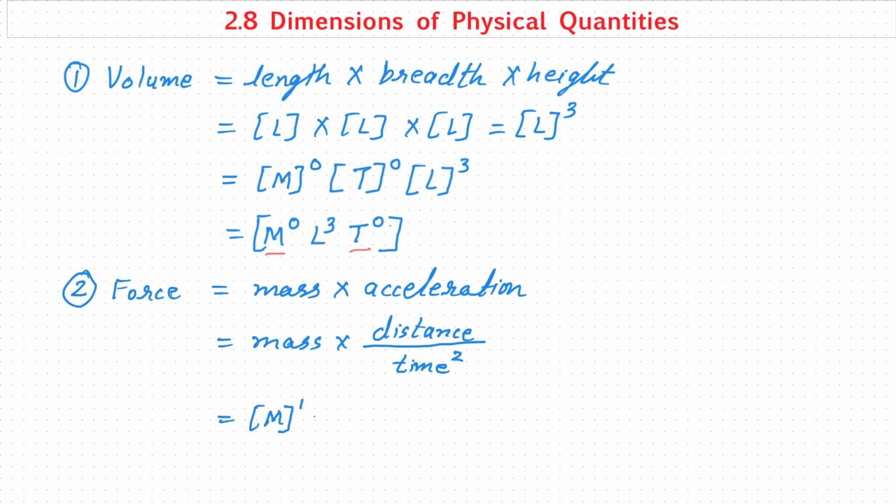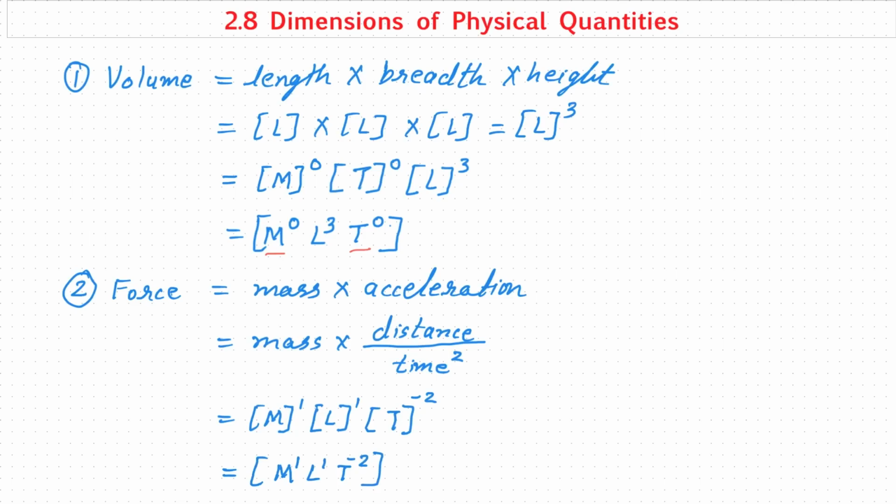This distance is one sort of length only, so the dimension of length is L1, and the dimension of time is T raised to minus 2. So as a whole, the dimensions of force are M1, L1, T minus 2.